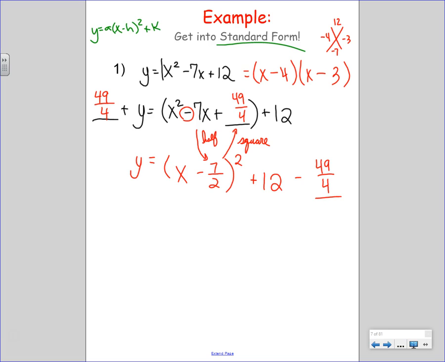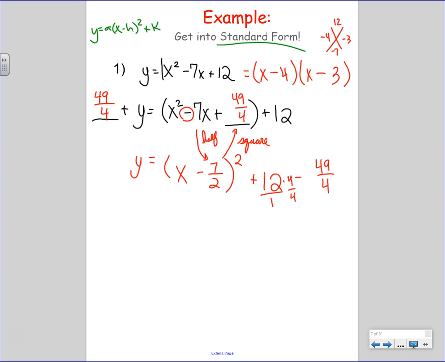Now hold on, we're so close. I have y equals 1, x minus 7 halves squared plus, I need to get this to be 1 constant, so what do I do? I could get a mixed number and say that's 12 and a fourth. 12 minus 12 and a fourth is negative a fourth. I could get a common denominator and multiply this guy by what? 4 over 4, careful.